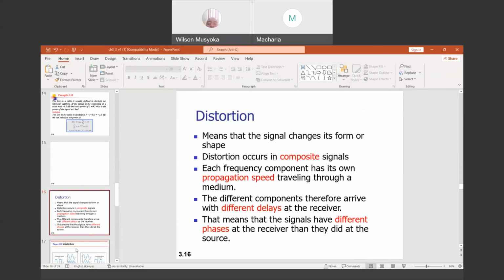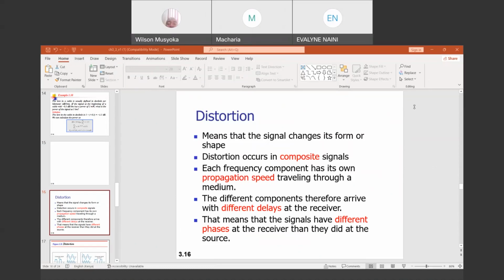When we are talking about distortion, we are talking about a signal whereby a signal is going to be composite. And we have said that a composite signal is where you are having more than one signal, or a composite signal is one that has many other signals within itself.